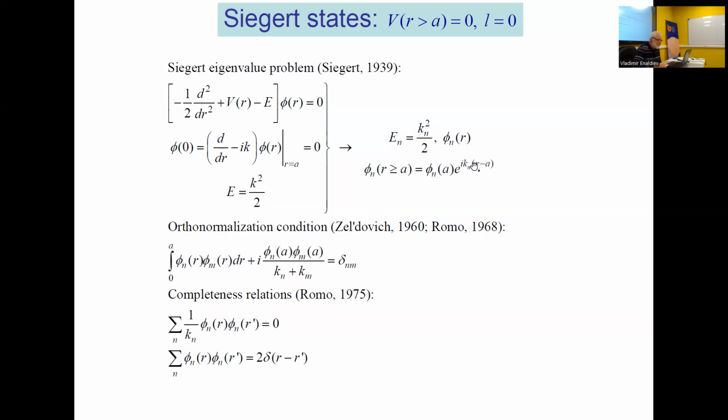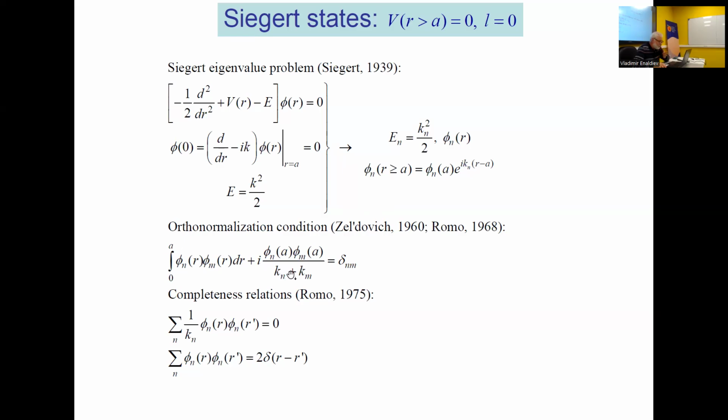Okay, the eigenfunctions diverge. Then let's rotate the integration axis from A to infinity in the upper half complex R plane by an angle large enough to make the integrand decay, even if K is complex. So it's an analytical continuation in R. And then you obtain this term as a result of the integration from A to infinity.